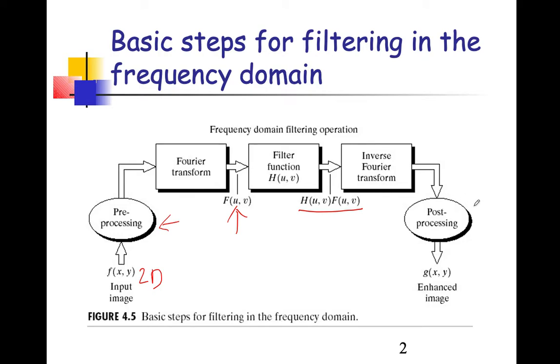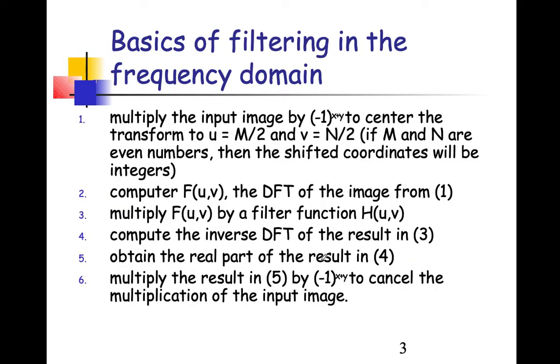Then we apply some post-processing algorithms to get a proper result, and the enhancement result is output for the particular application. These are the basic steps we follow in the frequency domain. I hope you have understood this. We will move on to the next slide.